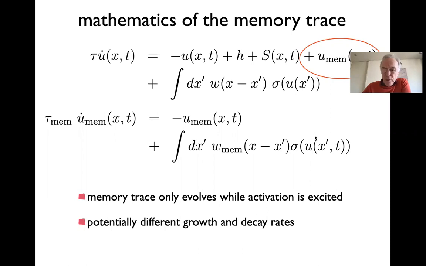The actual mathematics we use are a little bit more involved. For instance, we postulate that the memory trace is invariant when there is no suprathreshold activation. So there is no place in the field where this here is above zero. Then this whole term would be zero, and according to this equation, the memory trace would just decay to zero. So you would be forgetting whatever you built up. That's not empirically observed.